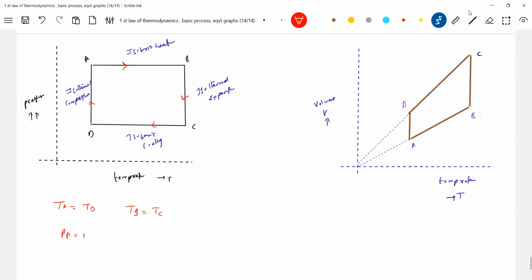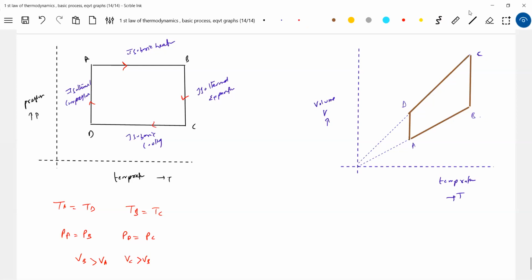Pressure at A equal to pressure at B. Pressure at D equal to pressure at C. Sir, regarding volumes, can you say anything about volumes? VB should be greater than VA. Will I agree? VC should be greater than VB. Sir, how can you say?